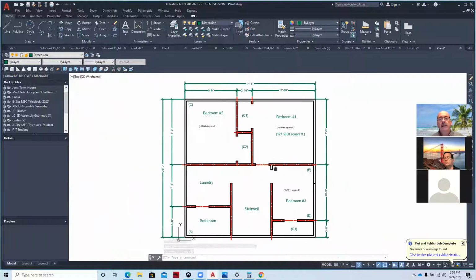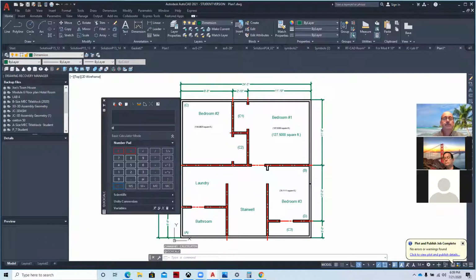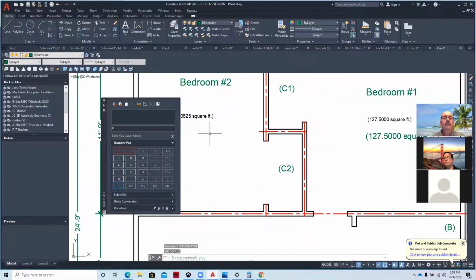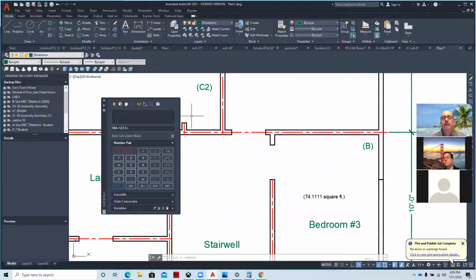Then all I did once I had those values was go into the calculator, so CAL, and you can then run the calculator. I took the values that I determined here, 104 plus 127.5 plus 74, and that will give us 305.61.